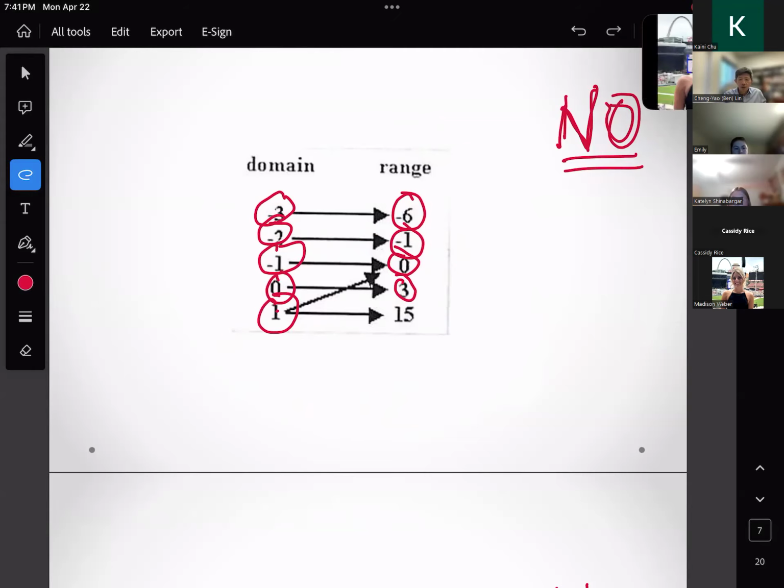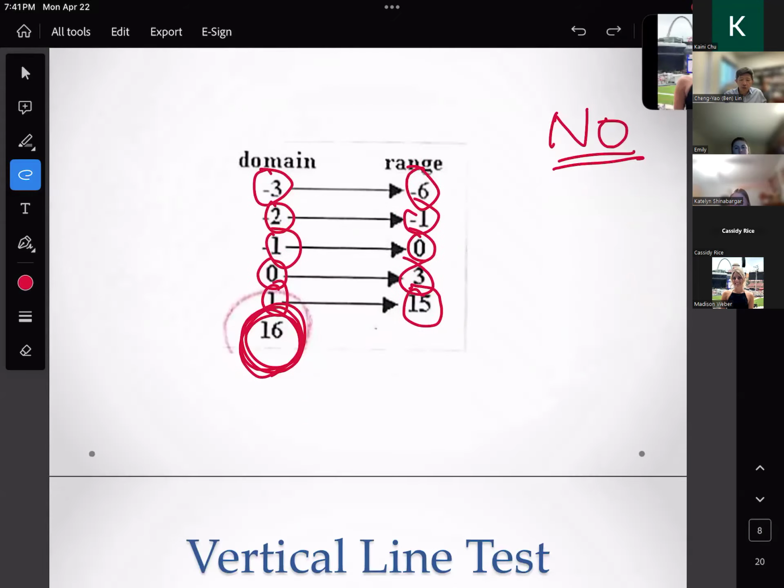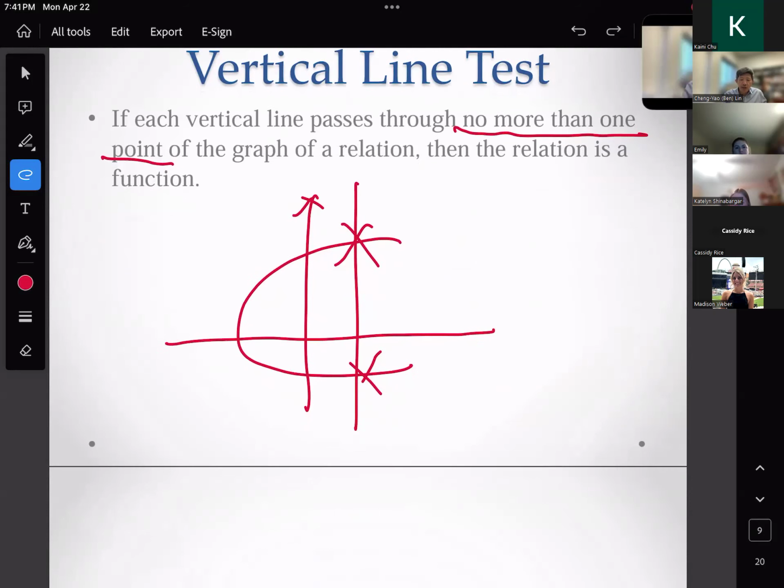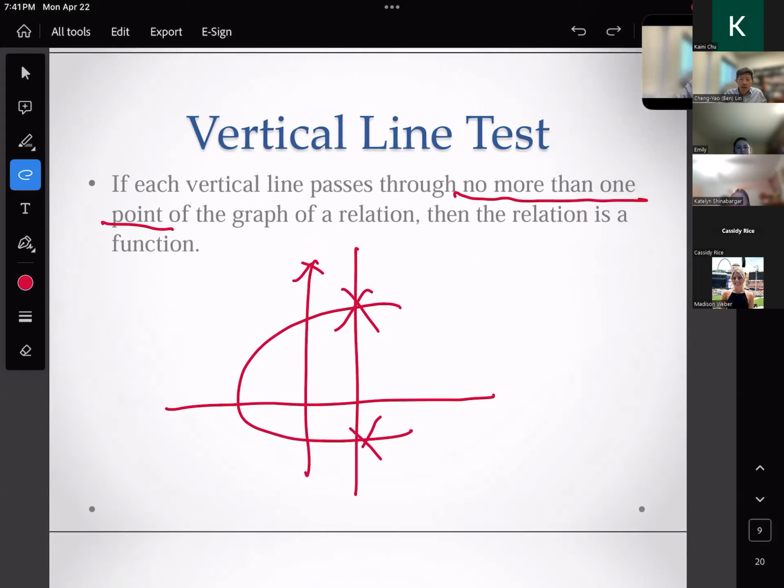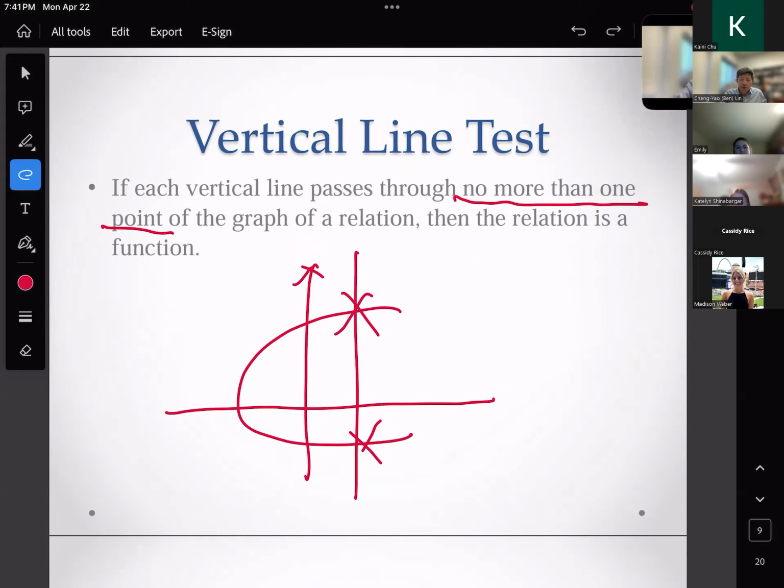One domain cannot have 2 ranges, okay? One x cannot have 2 y results, okay? You have an input and you output only 1. Remember, your output is only 1, okay?